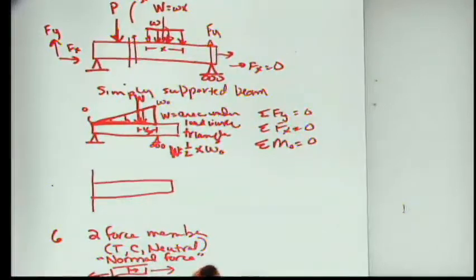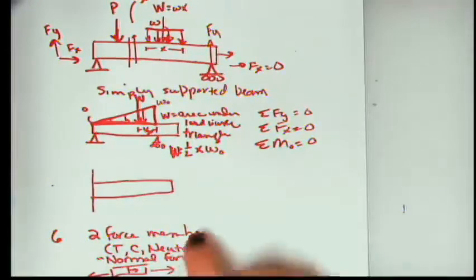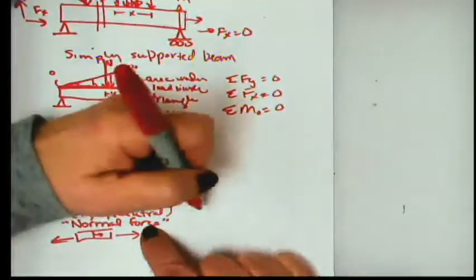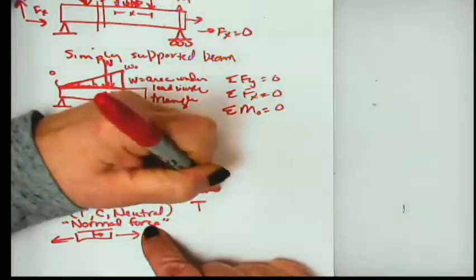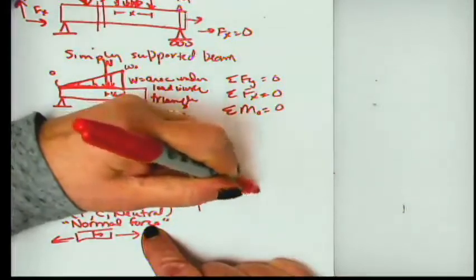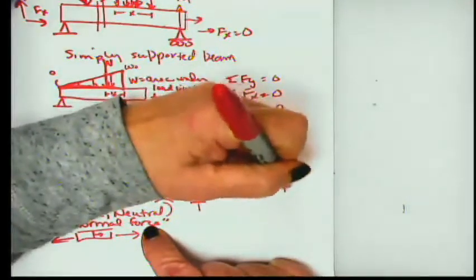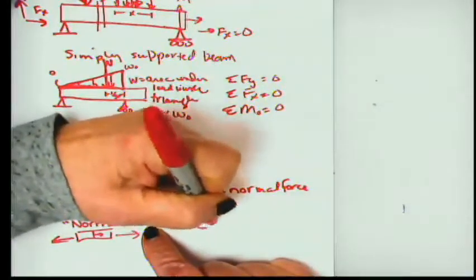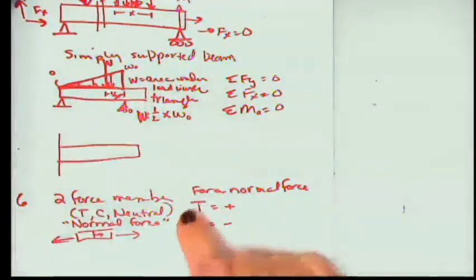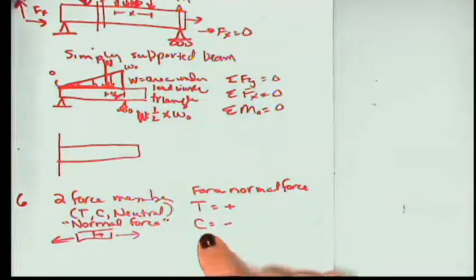Now, the first idea that we need to take a look at when we discuss this is a sign convention, because we know that for a normal force, tension is positive, compression is negative. And those are two kind of physically different things.